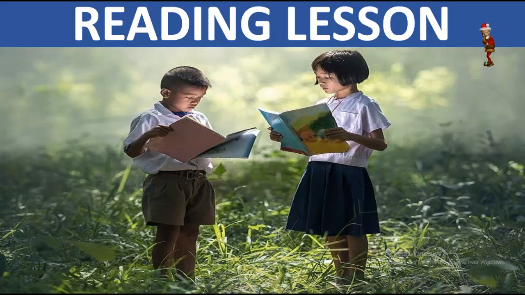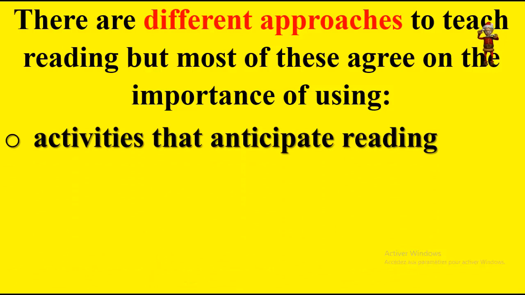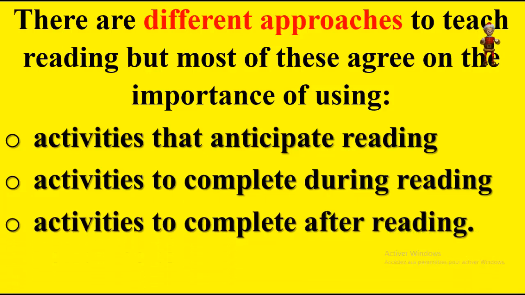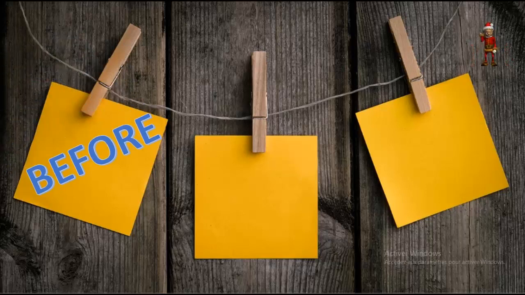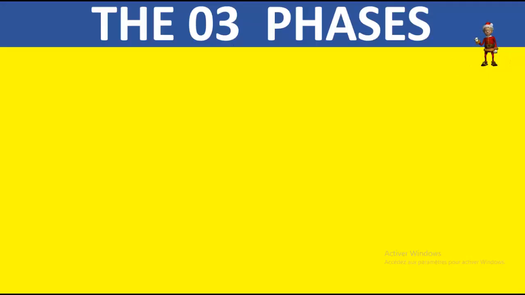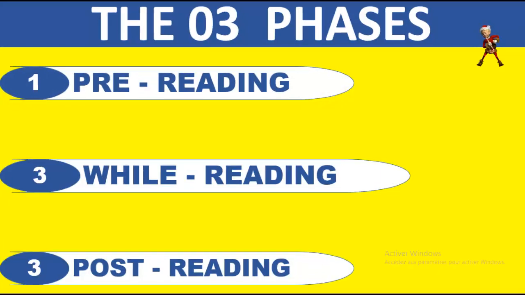There are different approaches to teach reading, but most of these agree on the importance of using activities that anticipate reading, activities to complete during reading, and activities to complete after reading. In other words, we have the pre-reading phase, the while reading phase, and the post-reading phase.